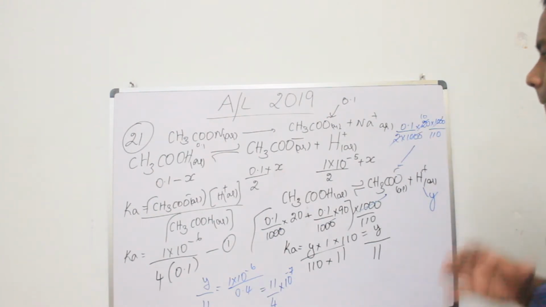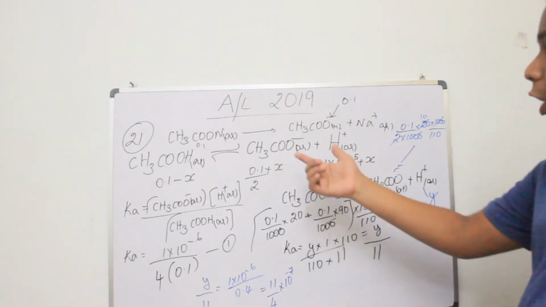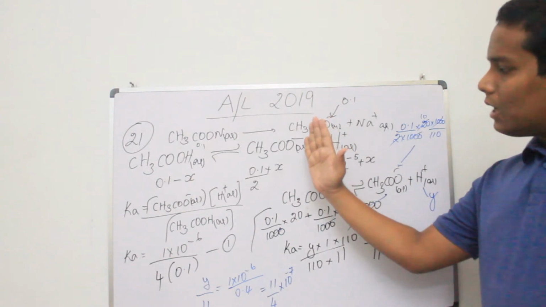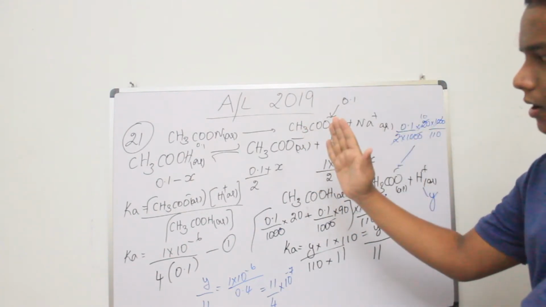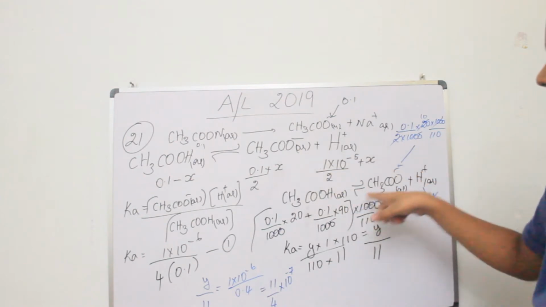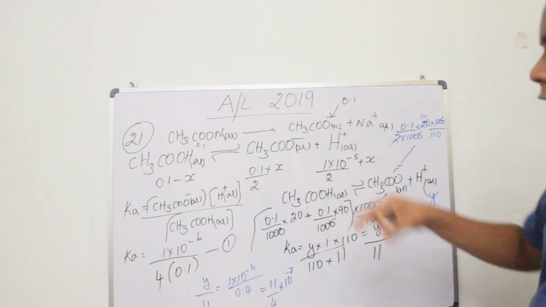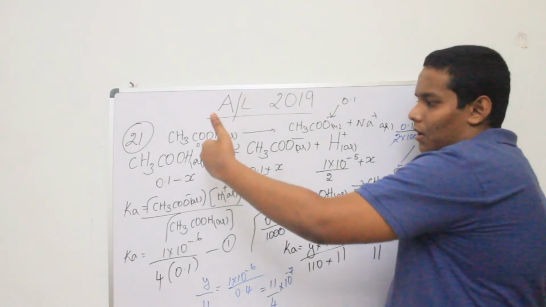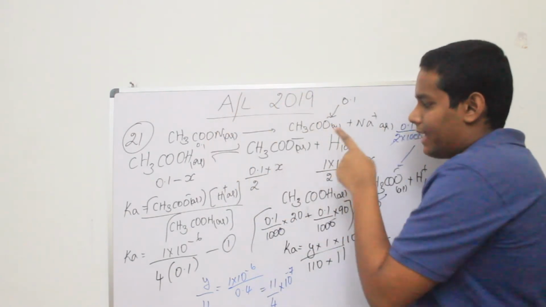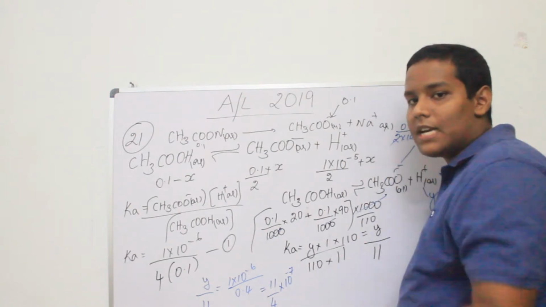But you know that due to common ion effect from this CH3COO minus, the CH3COO minus that comes here is utilized for this equilibrium. So therefore more and more forward shift, H plus aqueous concentration increases, pH decreases.